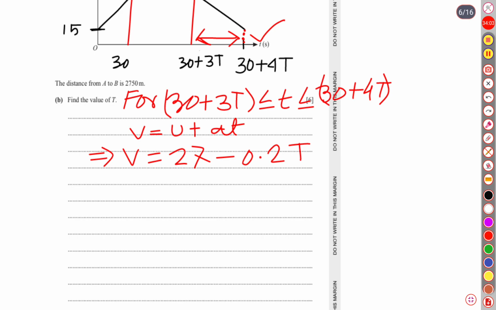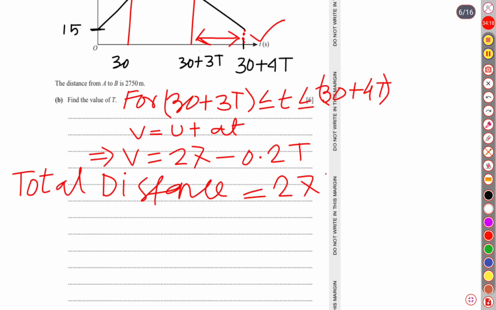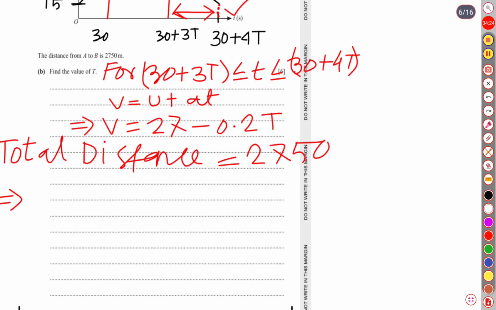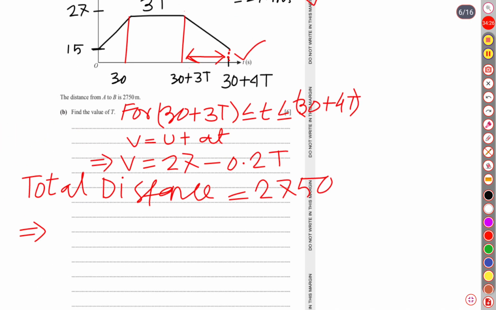Now total distance is given. Let us form an equation. How much is the total distance given? It is given that 2750, one after the other. For the first trapezium, it is half the sum of the parallel lines.